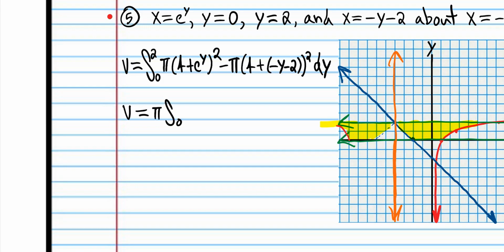So I'm going to pull pi out, and I'm going to FOIL this. And looks like we're going to have 2 minus y squared.